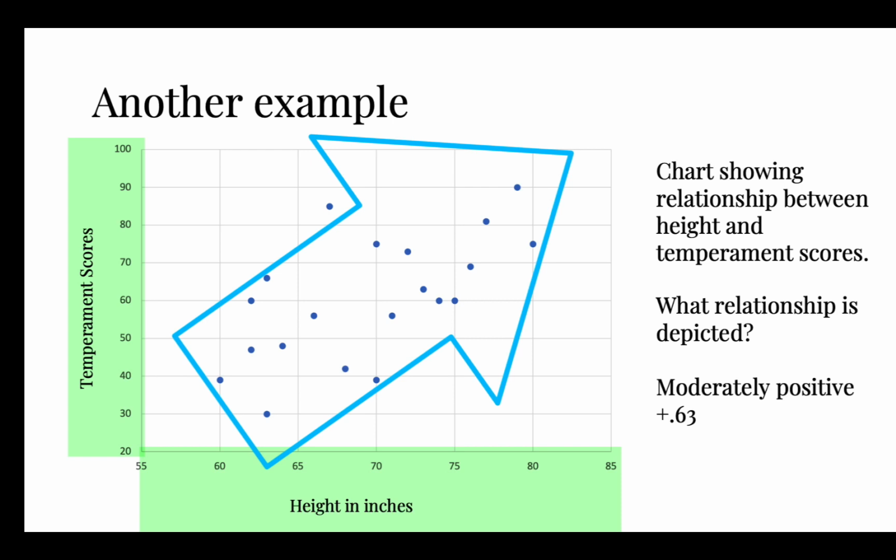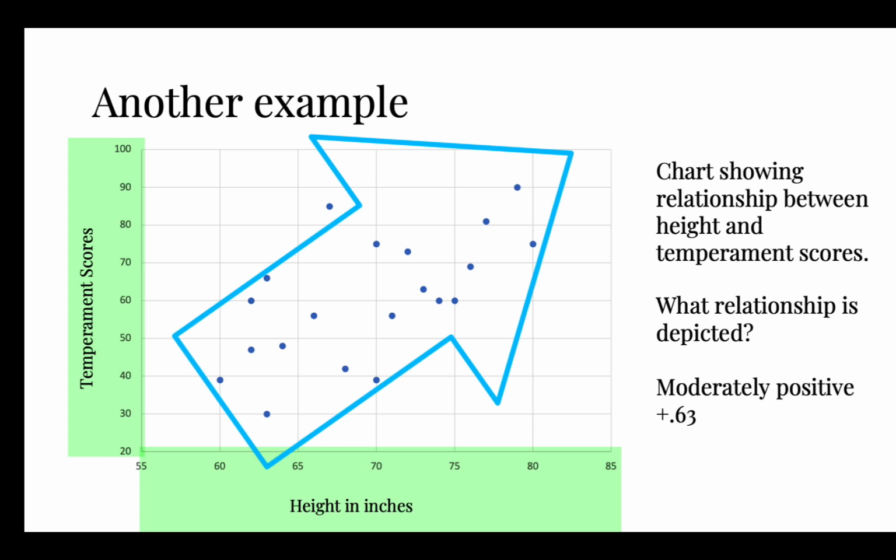It's a positive coefficient. You could probably guess just by looking at the scatter that it's somewhere around a 0.5 or a 0.6 out of 1, between 0 and 1 on the positive side of the number line, right? Because it's not tight, it's not a straight, perfect line. It's about halfway there.